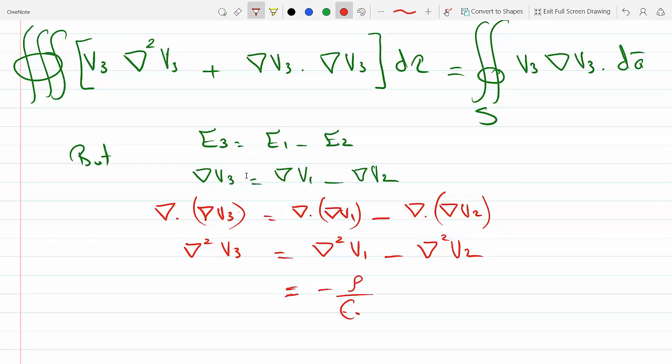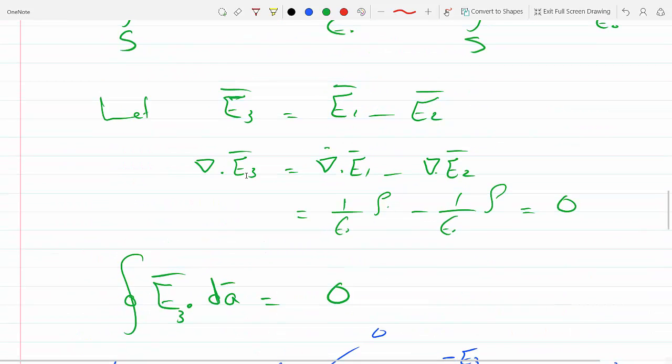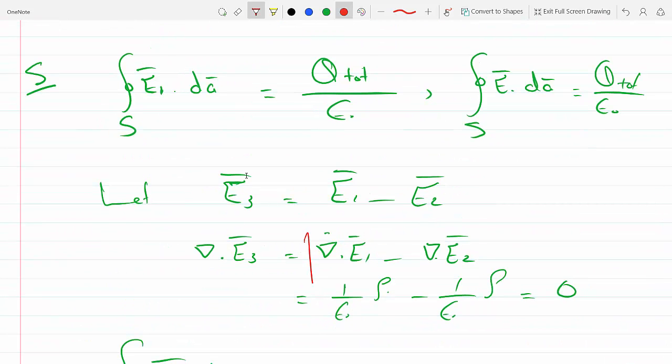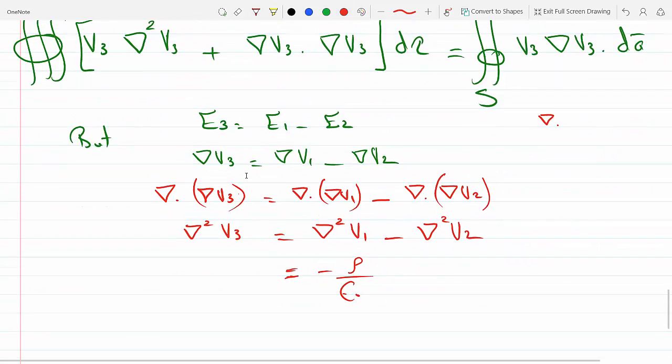Because that's just the divergence of E1 basically. We've said that here: the divergence of E1 is 1 over epsilon rho, and if you remember, E1 I replaced with the gradient of V1, and that's how this became the Laplacian.